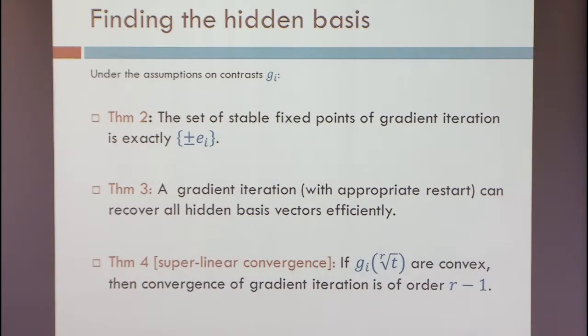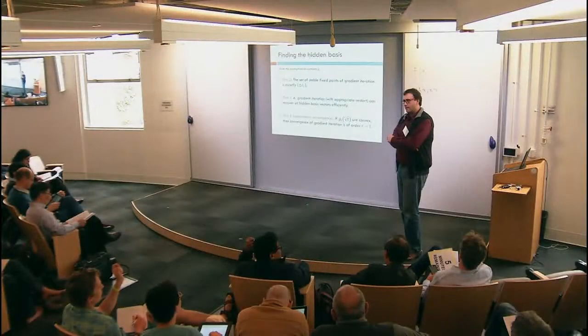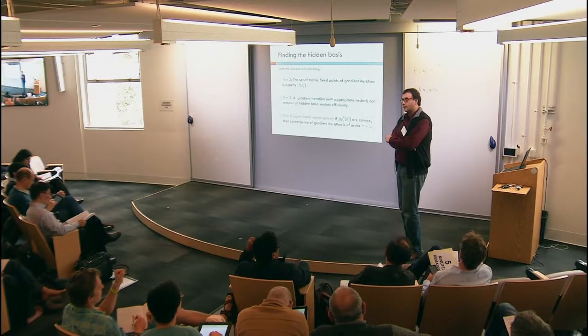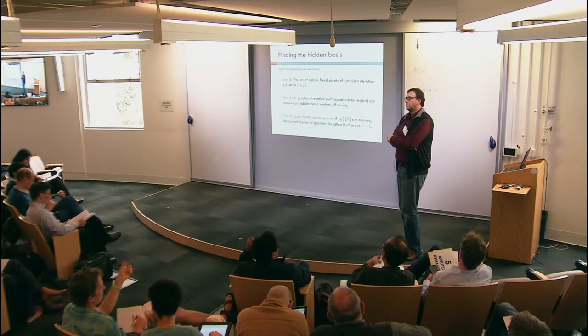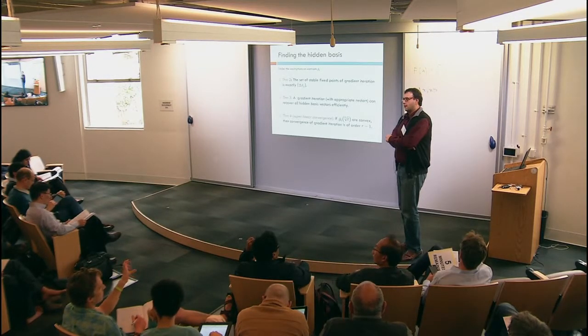Yeah? So looking at theorem 3, if I just run this with full vectors and orthonormalize it every iteration, will I get all of the vectors simultaneously? I could run this with u1, u2 through um simultaneously and just repeatedly orthonormalize, right? That's how we usually do power iteration.